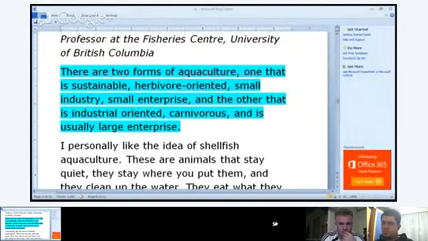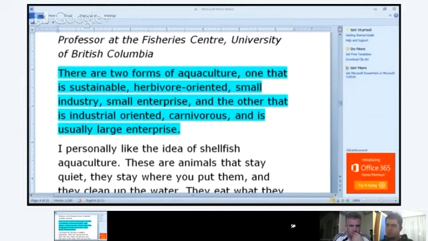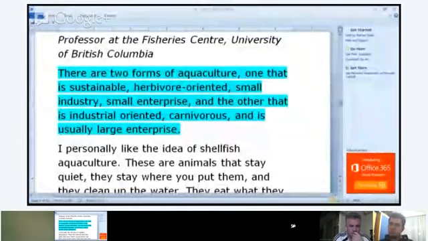And in his opinion, this is not really sustainable because they need to catch fish to feed their fish. And so they are putting pressure on the oceans. Okay, all right, and so that's the opinion of this person from the University of British Columbia.